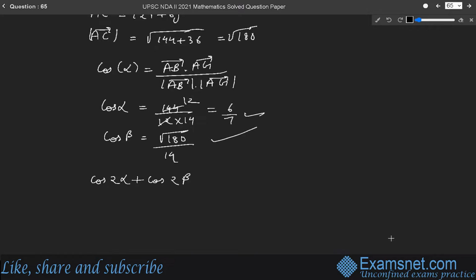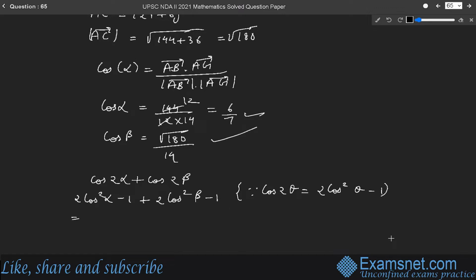Further this can be written as 2 cos square alpha minus 1 plus 2 cos square beta minus 1, since we know that cos 2 theta equals 2 cos square theta minus 1.